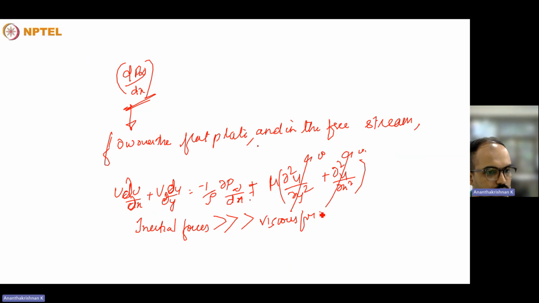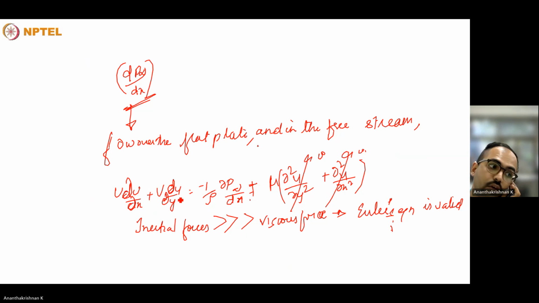So here in this region, Euler's equation is valid for the inviscid flow, or where the viscous forces are neglected. So that means that (∂P∞/∂X)/ρ will be scaled according to u ∂u/∂X, that is the variation of u in the X direction.